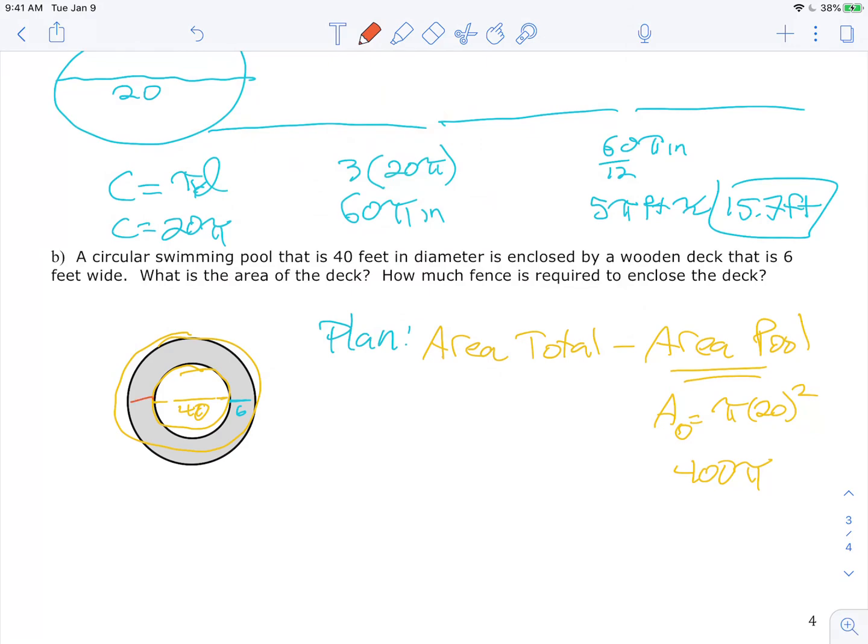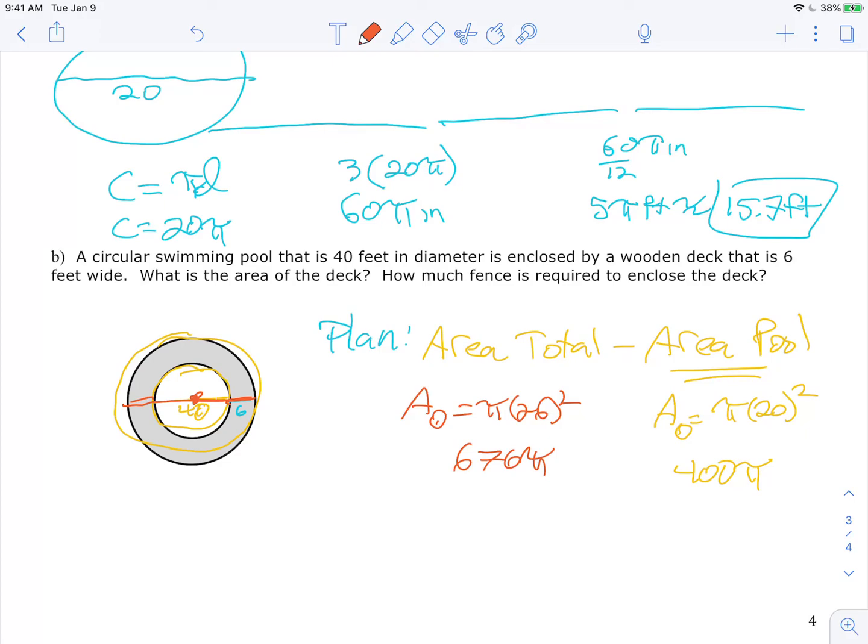So 6 and 6 and 40, so the entire diameter of the whole area is 52, but just the radius, which is what we want, is 26. So the area total is pi times 26 squared, which is 676 pi.